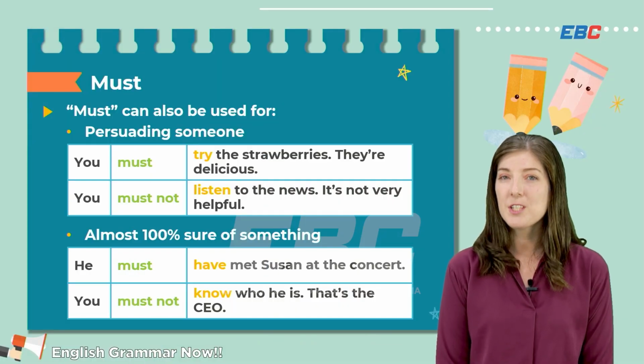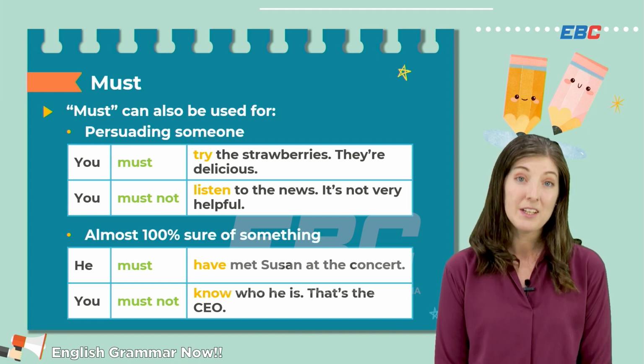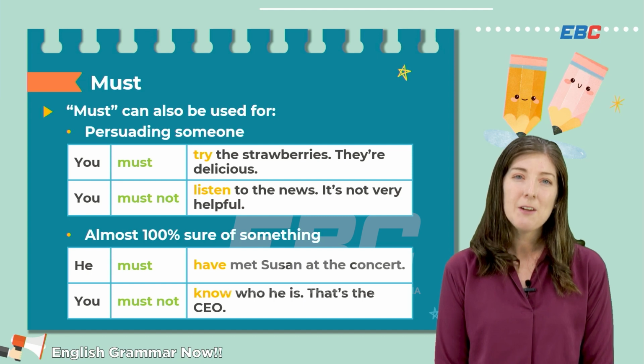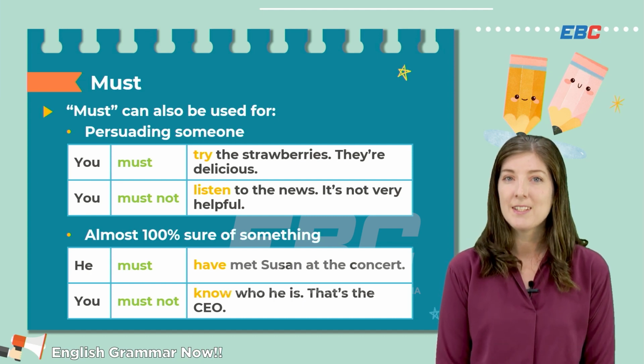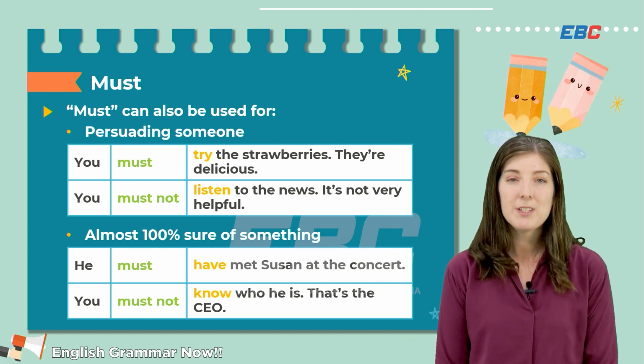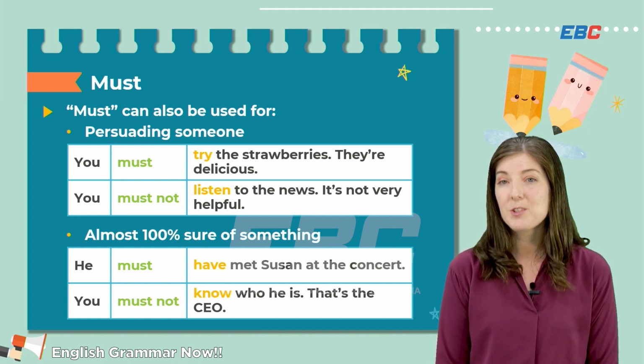Must can also have two other meanings besides things we need to do. The second meaning is if we're trying to persuade someone, which means we want them to do something. We want them to agree with us. Some example sentences are: you must try the strawberries.